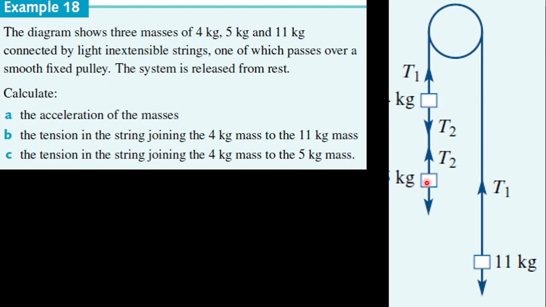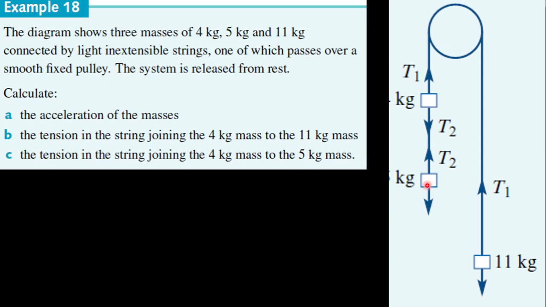Now what you need to think of is that 4 and 5, which is 9, is less than 11, so it's going to move that way, down towards the heavier mass. So you have three unknowns: the acceleration, T1 and T2. They all have linear motion.